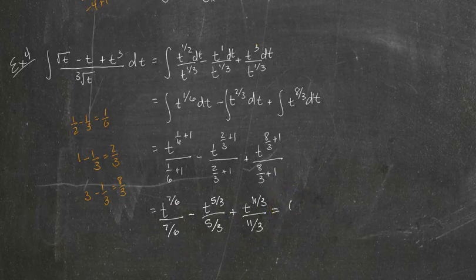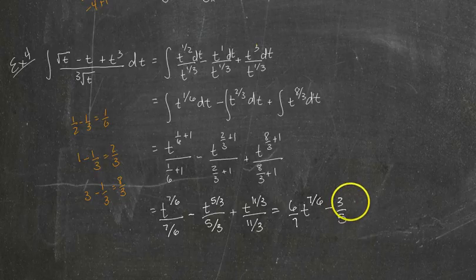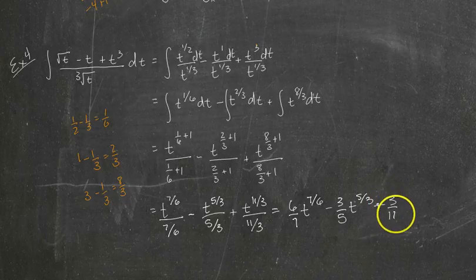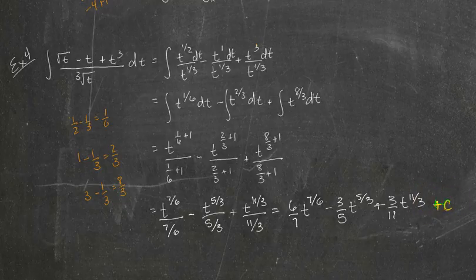So I have 6/7 t to the 7/6 minus 3/5 t to the 5/3 plus 3/11 t to the 11/3 plus c.